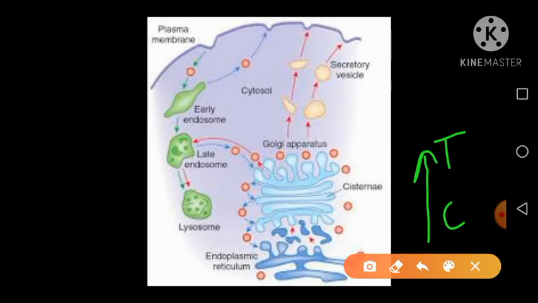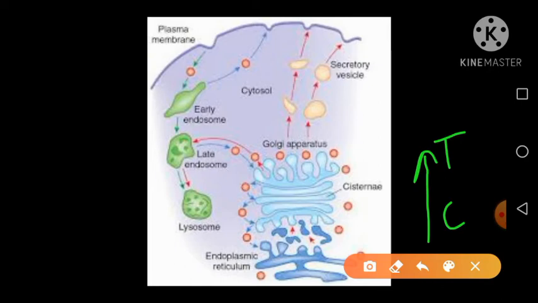So which kind of modifications takes place in the protein? When proteins are synthesized on the endoplasmic reticulum, then that protein is the native protein. That is, they don't have any kind of modifications. When protein is sorted within a Golgi complex, then protein modifications take place. That is, different functional groups are transferred onto that particular protein.